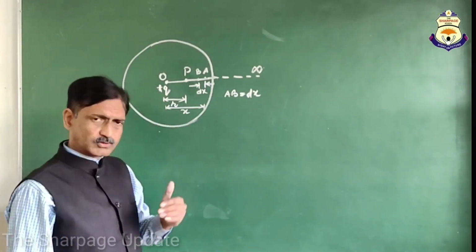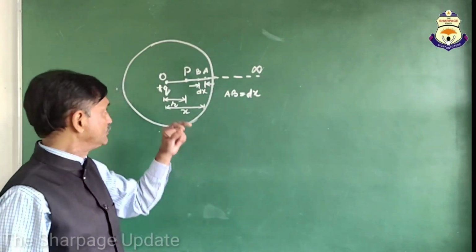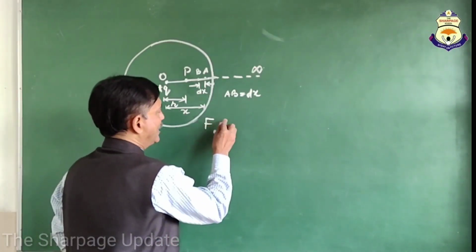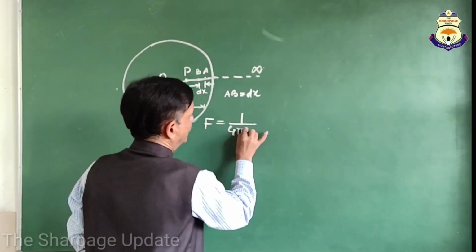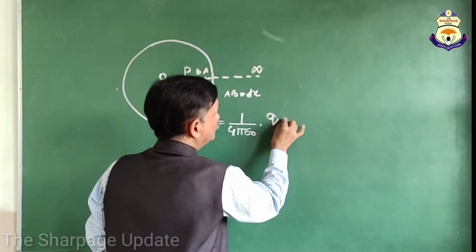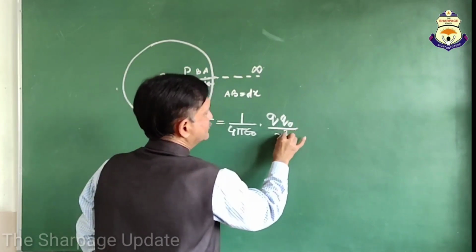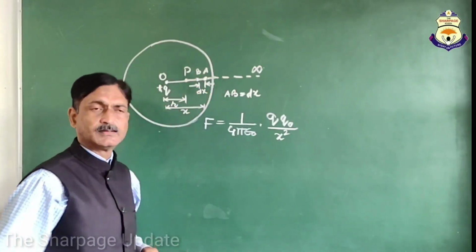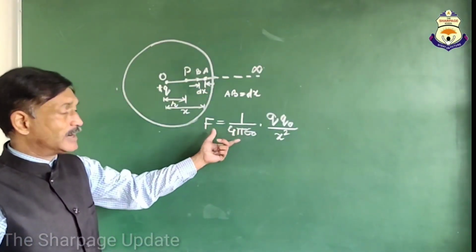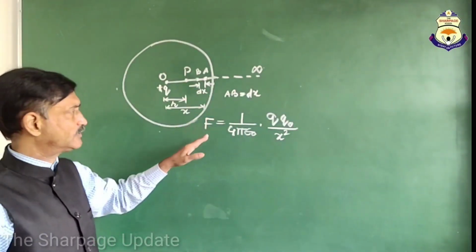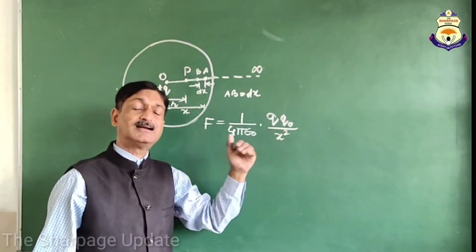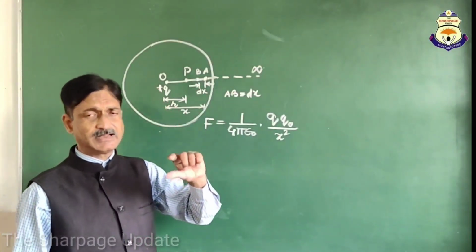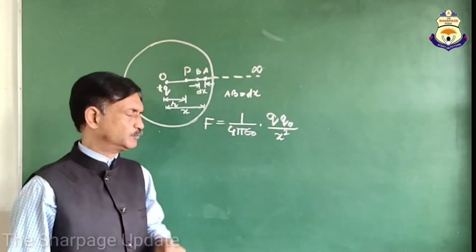So, the electrostatic force due to the charge on the unit positive test charge Q0 will be represented by F equal to 1 upon 4 pi epsilon 0 into Q Q0 upon x square, when the unit positive test charge is at point A. And as we know, by Coulomb's inverse square law, electrostatic force equals 1 upon 4 pi epsilon 0 into Q1 Q2 upon distance square, and we assume that the charge is kept inside a medium of air or vacuum.